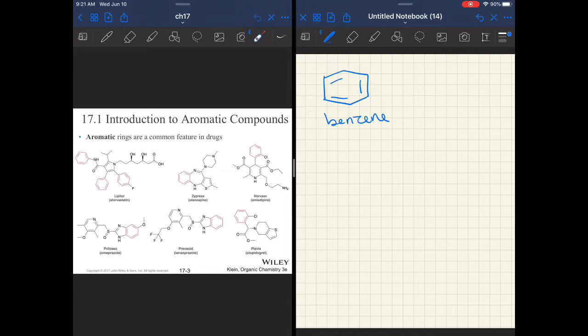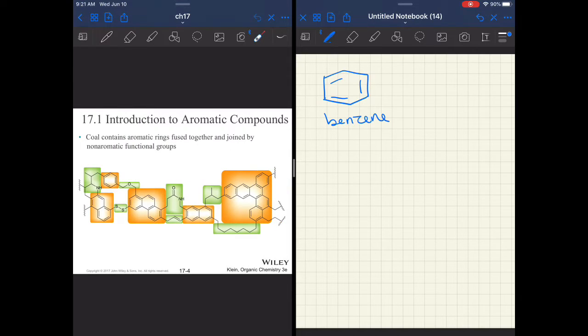They're found all over the place. You see aromatic rings in tons of different pharmaceuticals. You see them in nature. You see them in coal, graphene. You see this system in a lot of places.